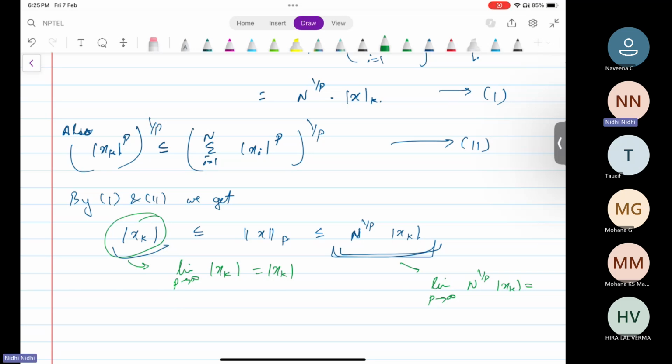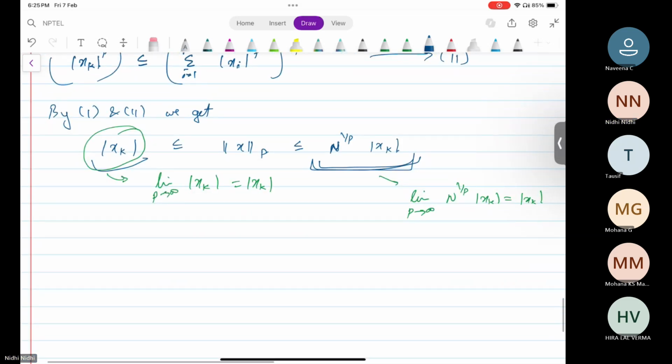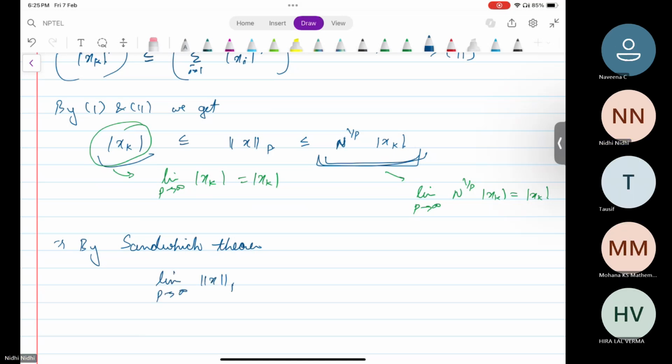So as p tends to infinity, n to the power 1 by p will basically converge to 1. So this is modulus xk. And hence by the squeeze or the sandwich theorem, the limit as p tends to infinity of norm x p is equal to modulus xk.